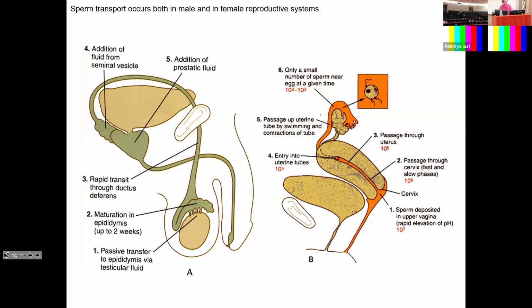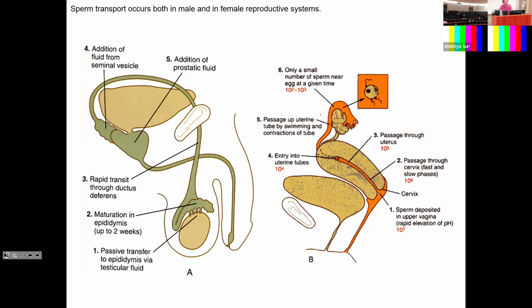Okay, so the sperm is deposited at the upper vagina, 10 to the 7 cells typically, and then it starts climbing up, and you will see that it has a tail that provides the sperm with motility, and the more it can swim, the more chances to be fertilized or to fertilize.